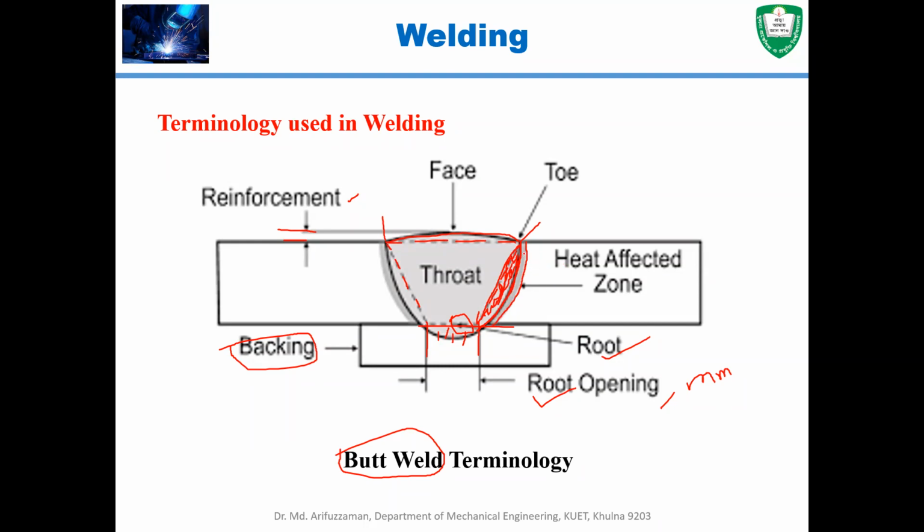That region is called the heat affected zone. This is the molten zone that is in the throat, and after that there will be a small area which represents the heat affected zone. Due to the high temperature, the base metal gets affected.